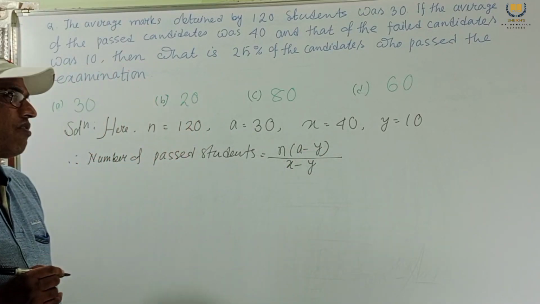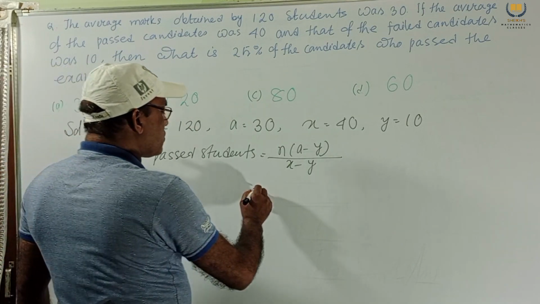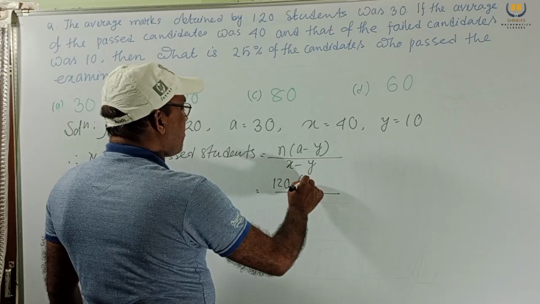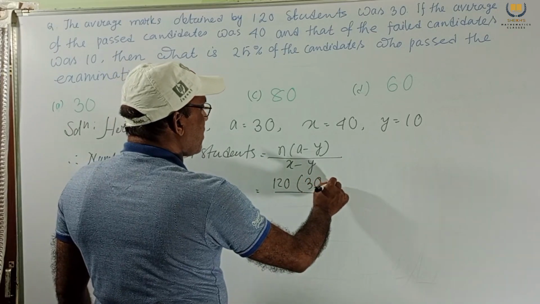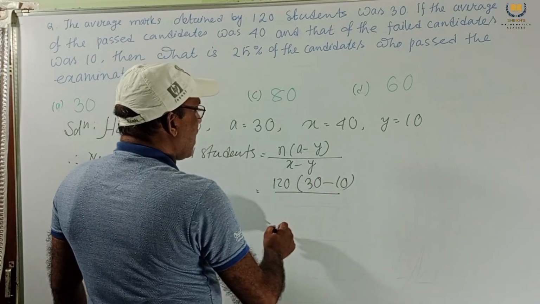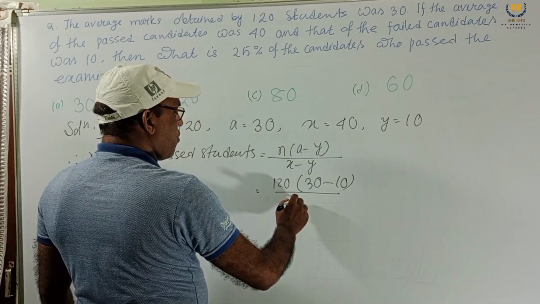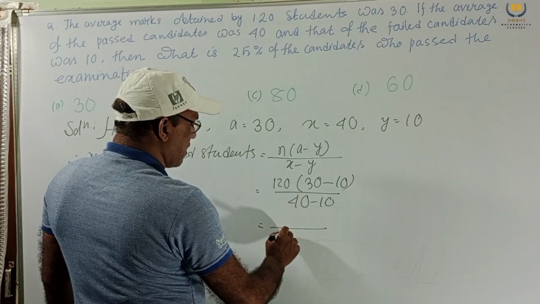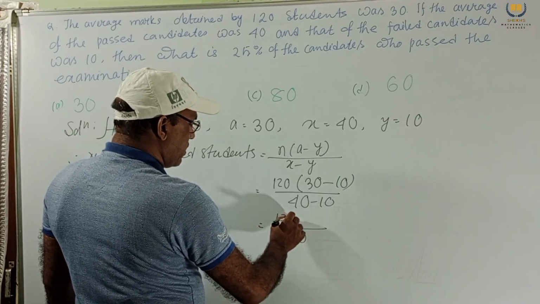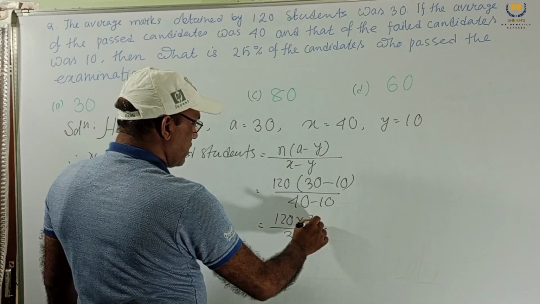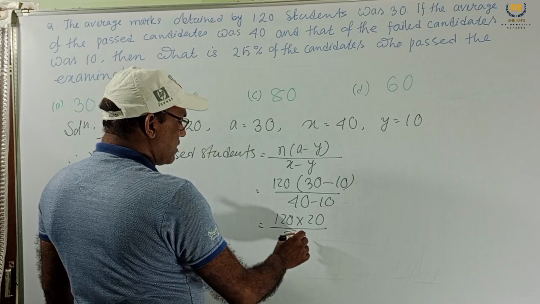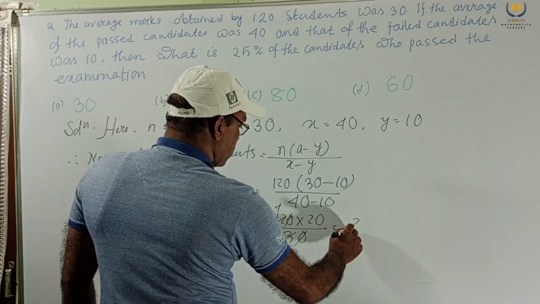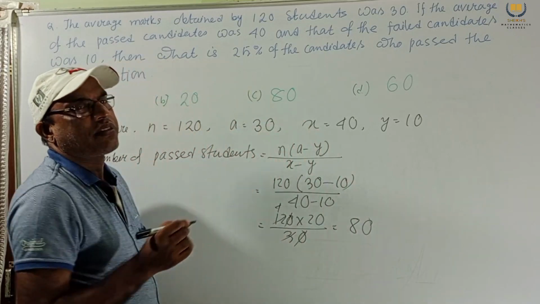Putting the values: n means 120, A means 30, Y means 10, and X minus Y is 40 minus 10, this is 30. This is 120 into 20 by 30, the zeros cancel, this is 4, and this will be 80.